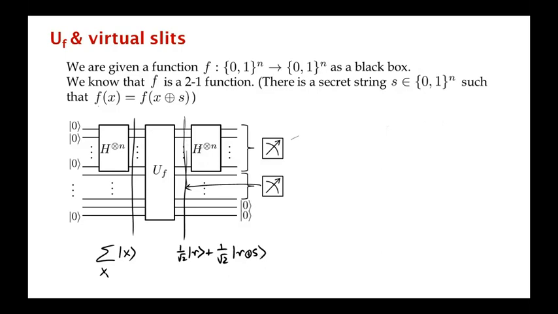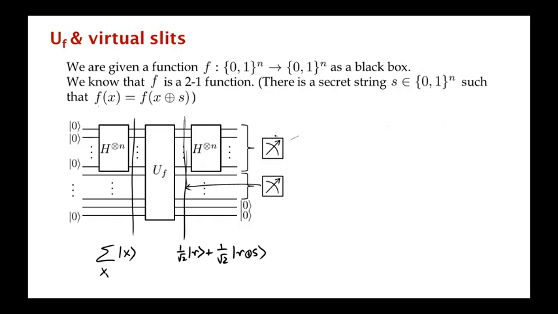And now when we look at the interference pattern, the interference pattern is interesting. There's constructive interference on exactly half of the 2 to the n bit strings, and completely destructive interference on the other half. But so when we do our measurement, we see a random one of these 2 to the n minus 1 strings on which there's constructive interference.